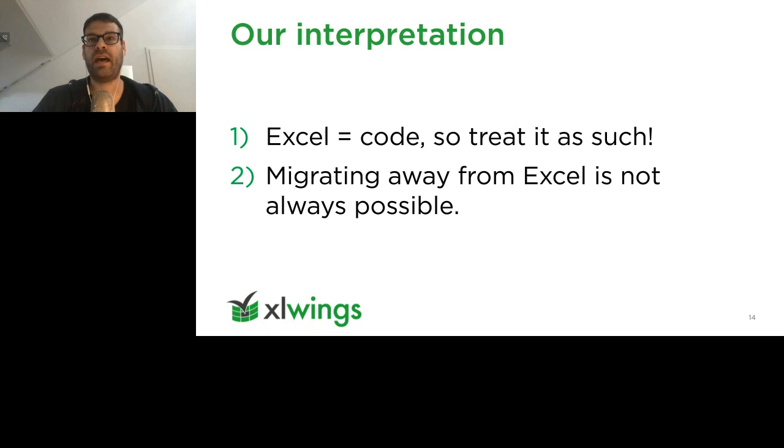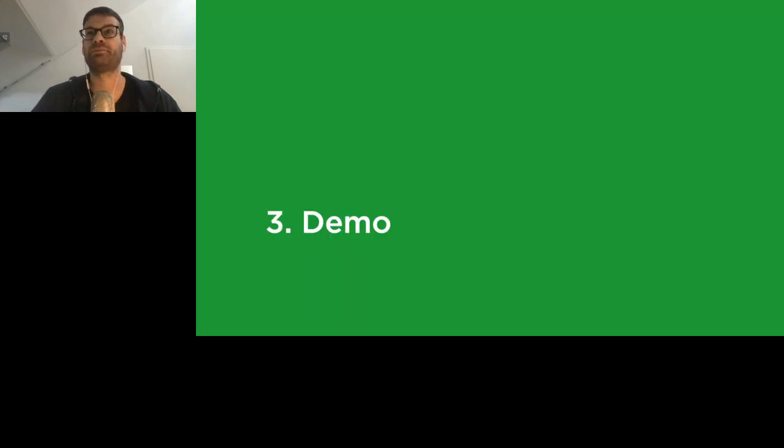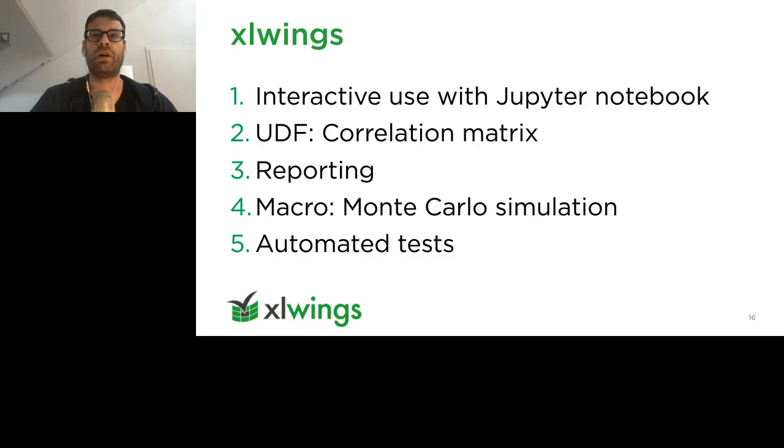And so that leads the way to the interactive demo part. Before we start that, I want to go through the different samples that I'm going to show you. As I initially promised, there are about 5 different samples, and each of these is trying to shed a different light on how you can use xlwings.